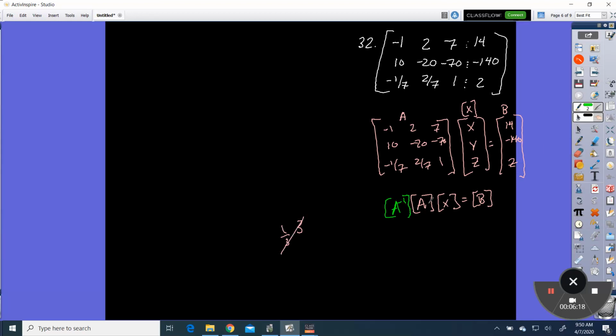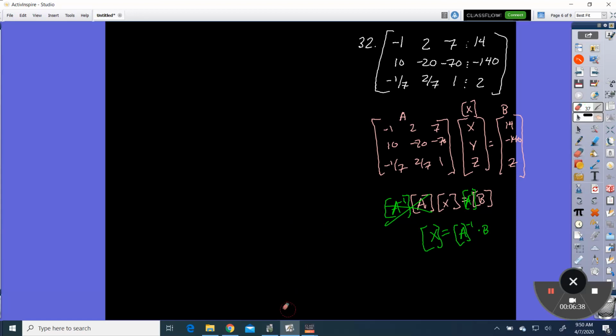Okay, and what I do to one side, I must also do to the other. So now these cancel off. I get matrix X equals A -1, so matrix A inverse times B. Okay, so that's how we do it in one step on the calculator.